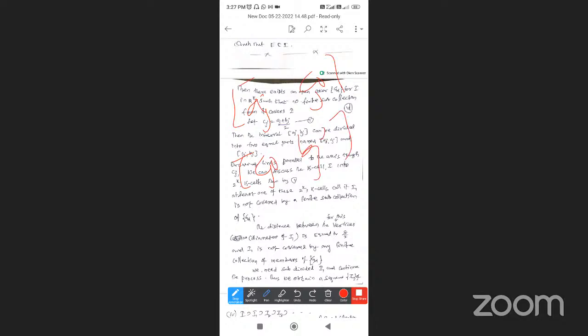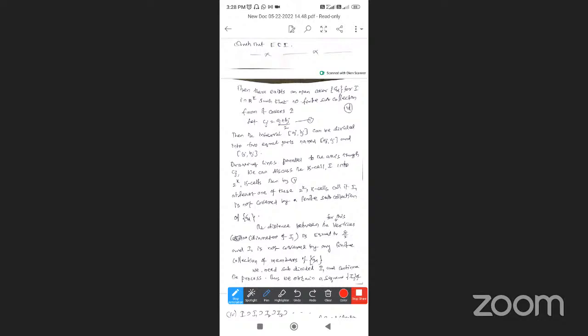So dividing the lines parallel to the axis through Cj, we can divide the KCL in I into 2 power of KCL. Then by equation 1, at least one of those 2 power of KCL, call it I1, is not covered by a finite subcollection G of alpha.